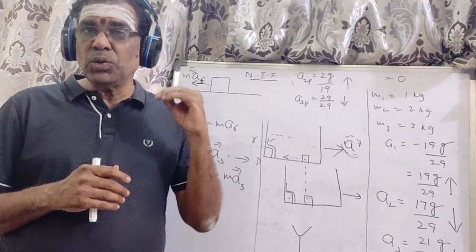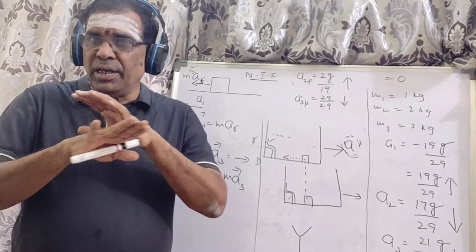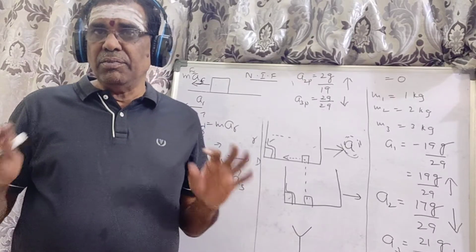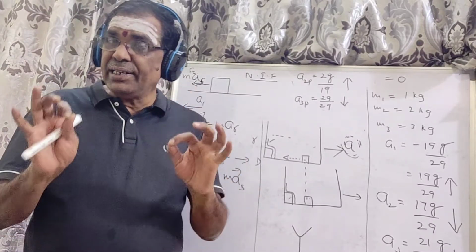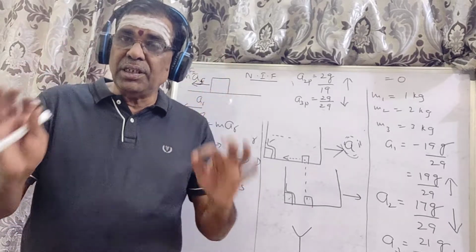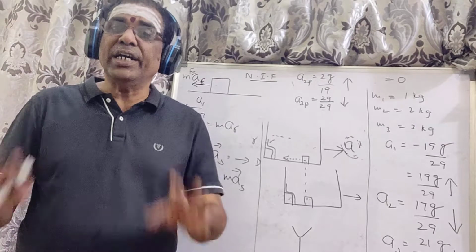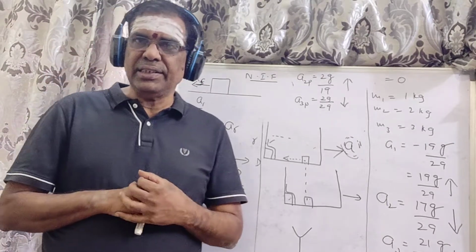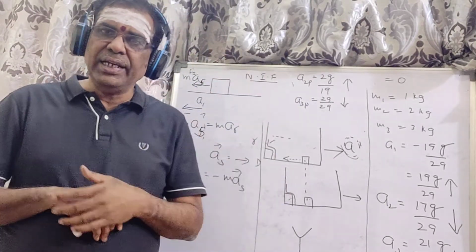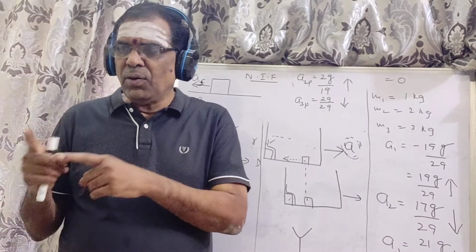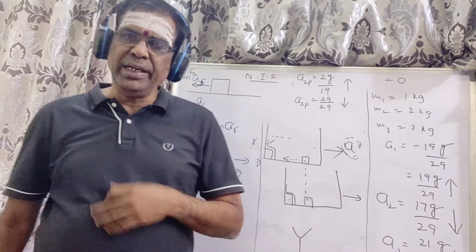Once you use pseudo force concept, you will never get the absolute acceleration directly. You will get only relative acceleration. If I'm using pulley as the system, you will get all values with respect to the pulley.